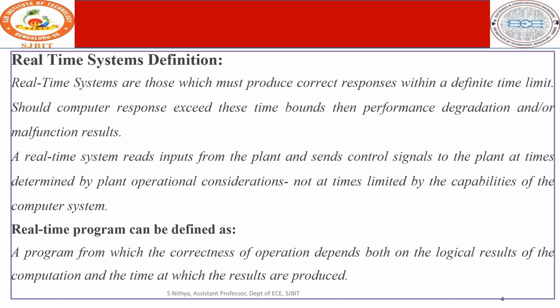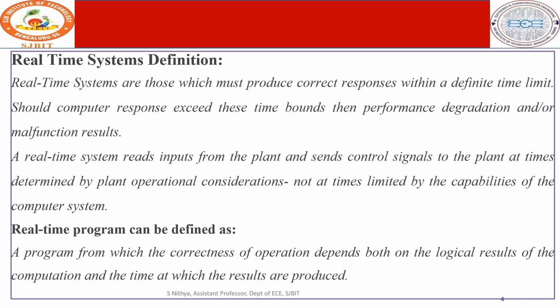If it exceeds the time limit, the performance may degrade or system failure may occur. For example, in flight control, the signals are transferred between the ground station and the aircraft. The controlling information must be transferred within a predefined time limit, sent and received within that limit.